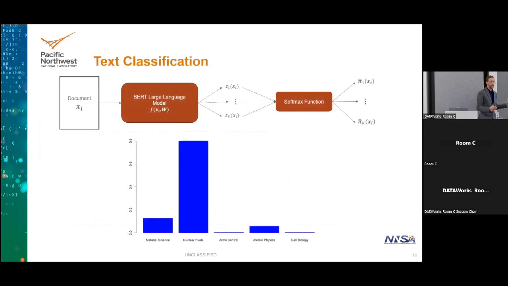Okay, so back to the framework of text classification. This is the general concept. You put in the document, you put it through your large language model, and you get out some embedding. At this point, your Z's are still continuous values, unconstrained continuous values.